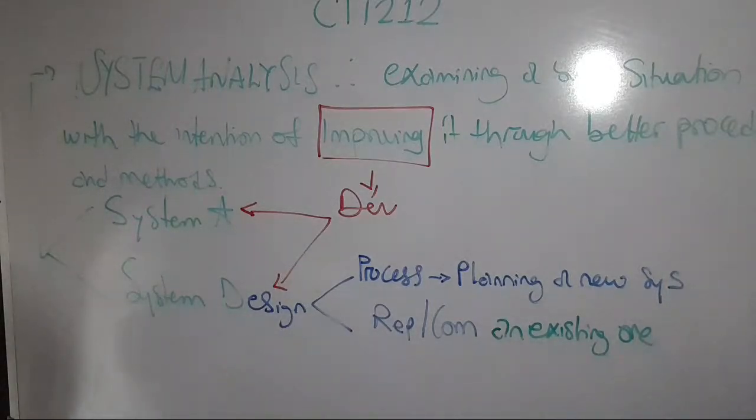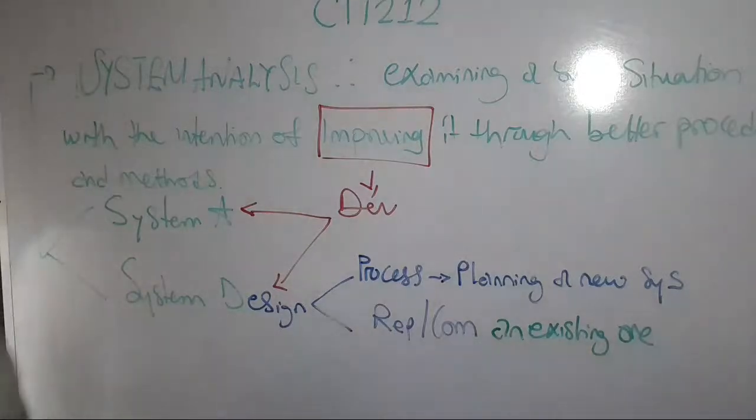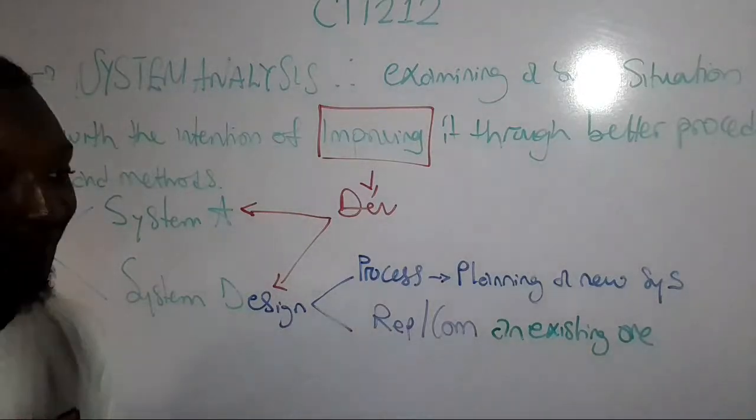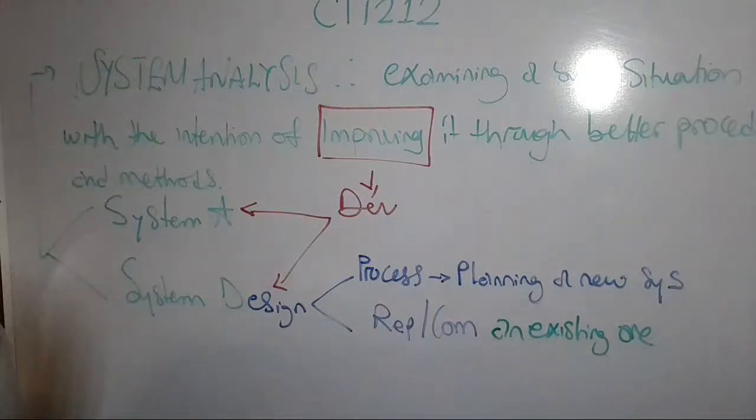Now, system analysis can as well be seen as a process, in as much as you need to examine the business, figure out the loopholes, and decide how to improve upon the loopholes you have figured out in order to create a better way of doing this business.